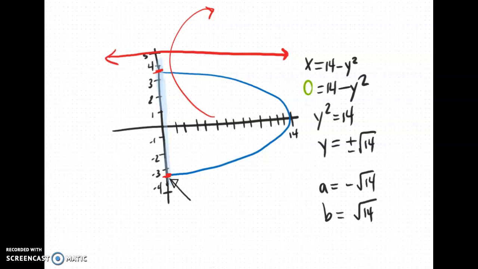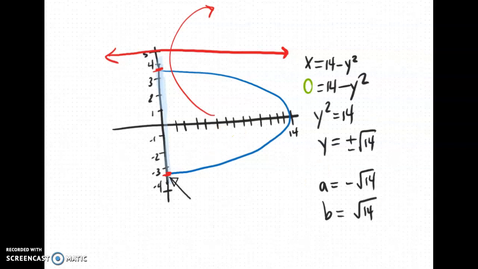We're not going to write it as decimals, we're going to write it as negative square root of 14 and positive square root of 14. And then we want to find what we're going to be integrating. So we've got our A and our B. And now what's going to be plugged in here? And then it's dy. So we want the integrand that we're going to be plugging in here.